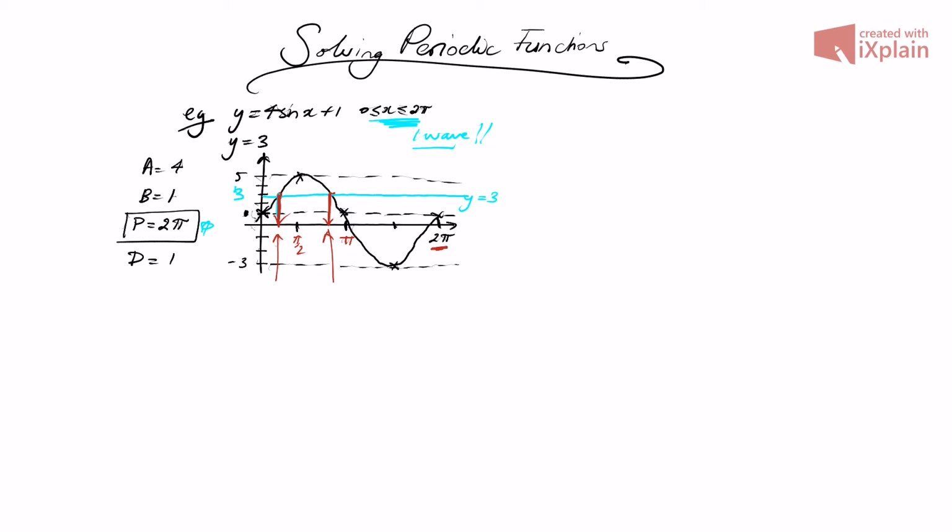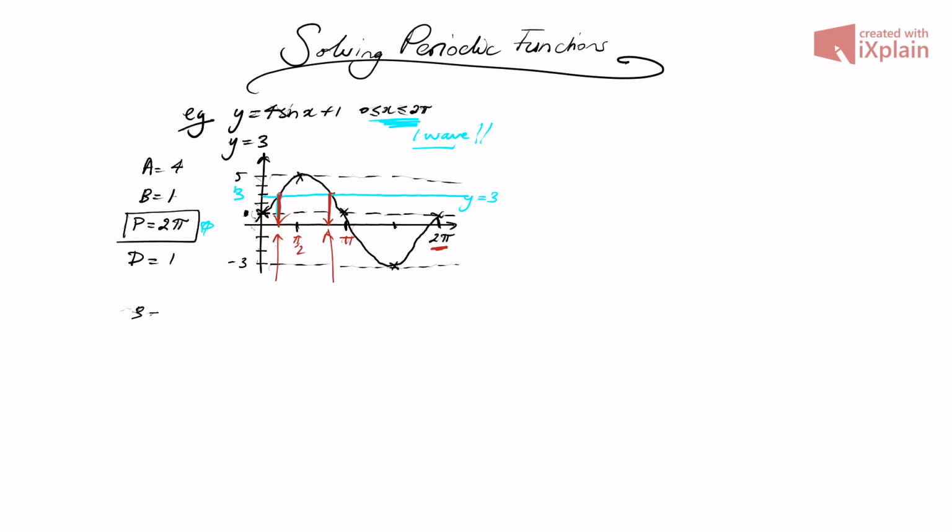Because we're working in radians, it can be really hard to approximate exactly what we've got, but by having this little sketch, I'm going to be able to check the validity and the reasonableness of my algebraic solution. If my algebraic solution doesn't match up with what I've got graphically, I know that I've made an error. So algebraically, to solve this, we let y equals 4 sine x plus 1 equal 3.